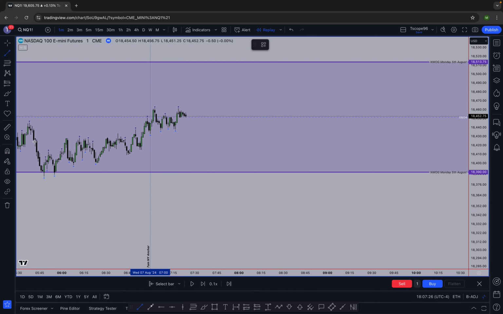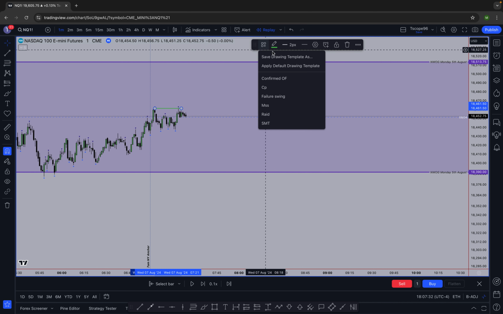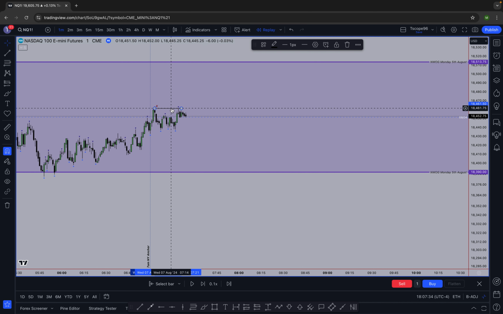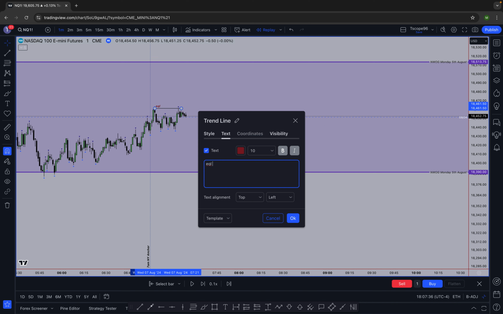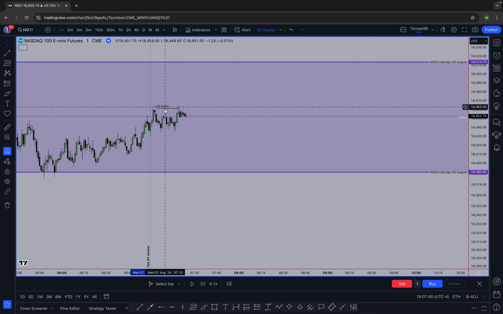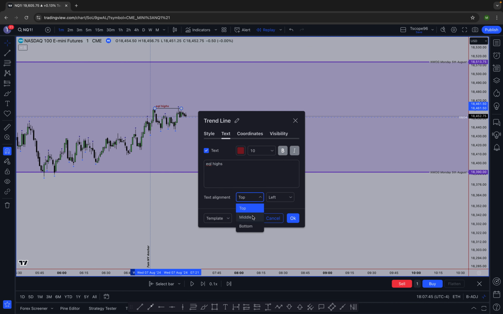Okay, so we've got these. I think the one on the right pierced the one on the left just slightly. But still would be classified as relative equal highs.